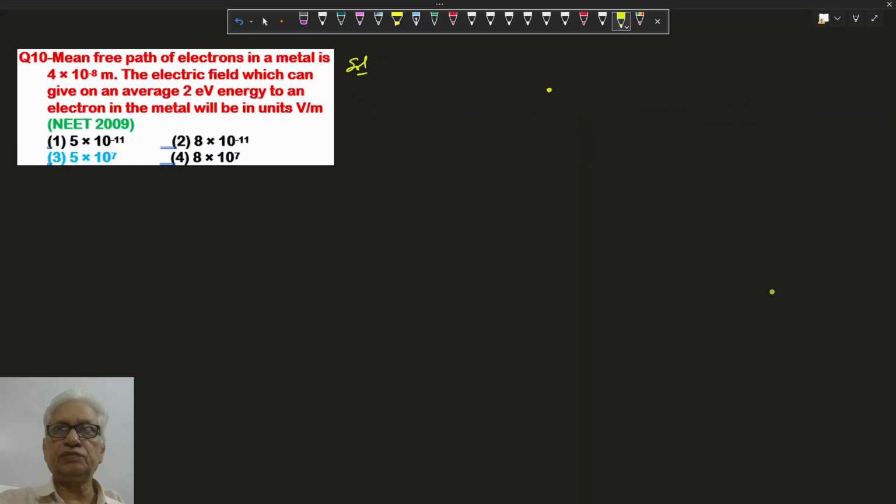Mean free path means the gap between two collisions.